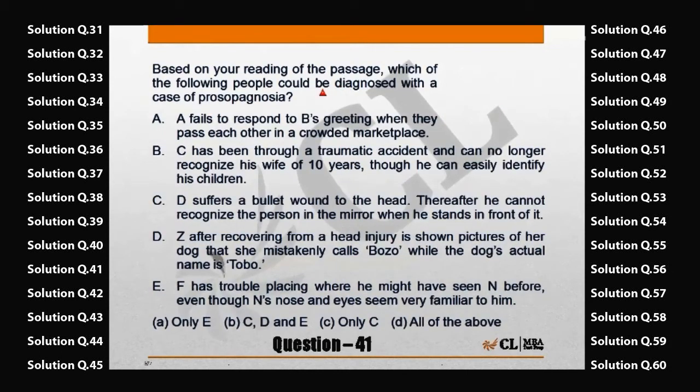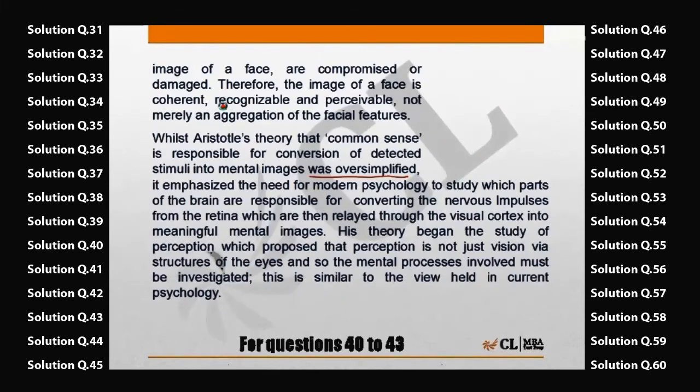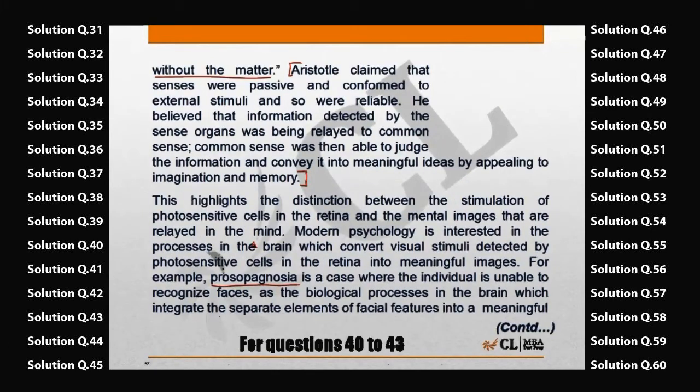Based on the passage, which of the following people could be diagnosed with a case of this? I'm not even going to pronounce it. So let's go back and read now what it is, and we'll read it carefully. It is a case where the individual is unable to recognize faces. Recognize faces.